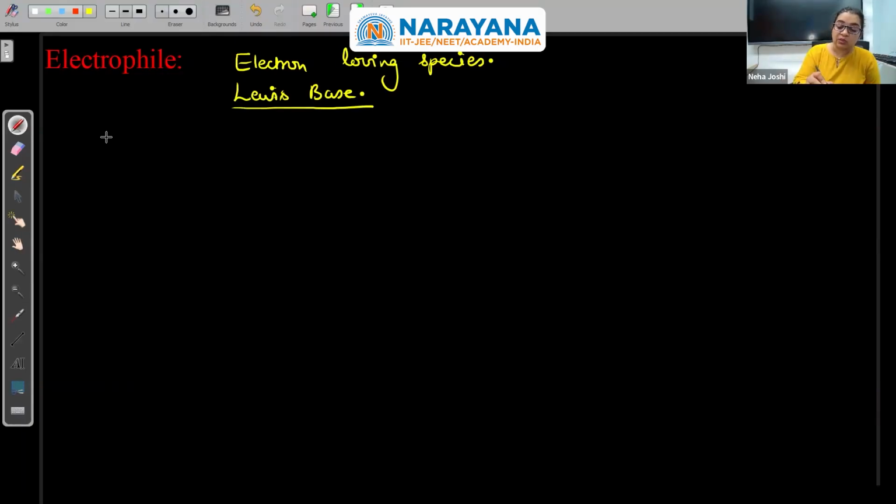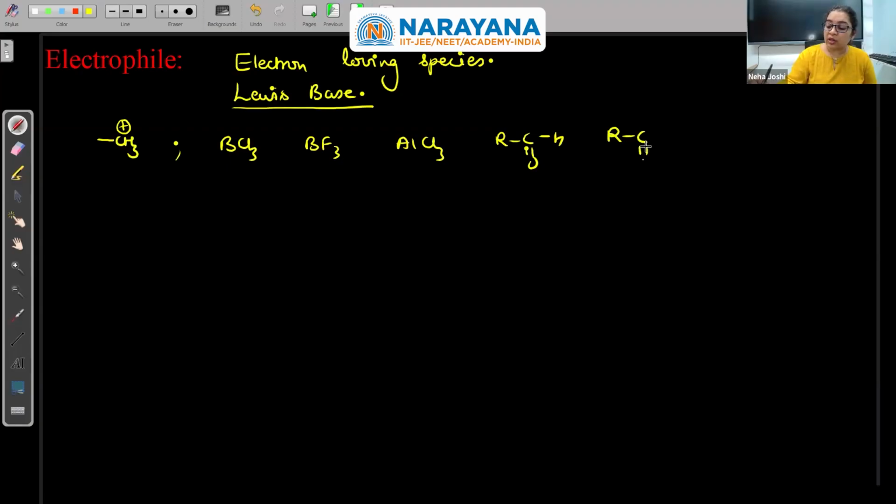So any carbocation, you can have BCl3, BF3, AlCl3, electron loving species. I can even call aldehydes electrophilic in nature. You can have ketones, cyanides. These are all electrophiles. They want electrons to attack them.